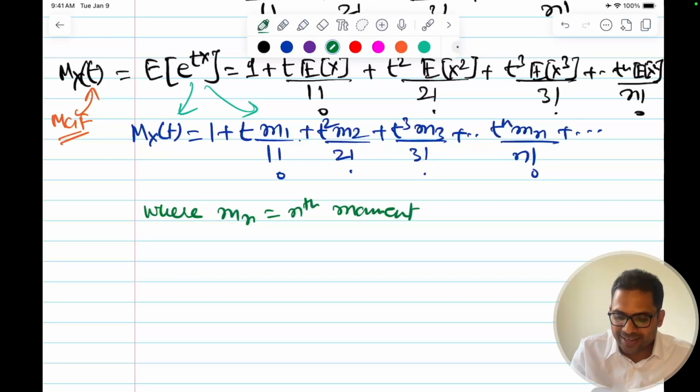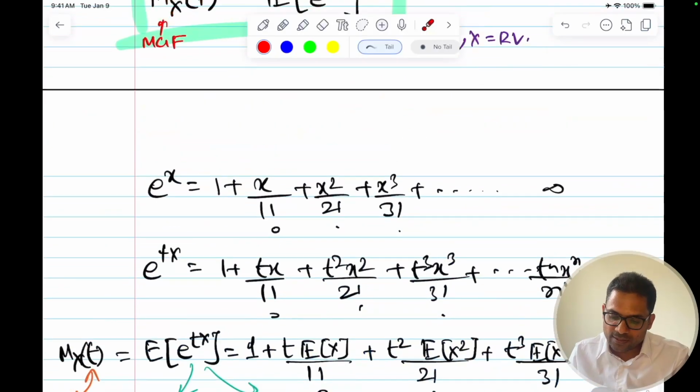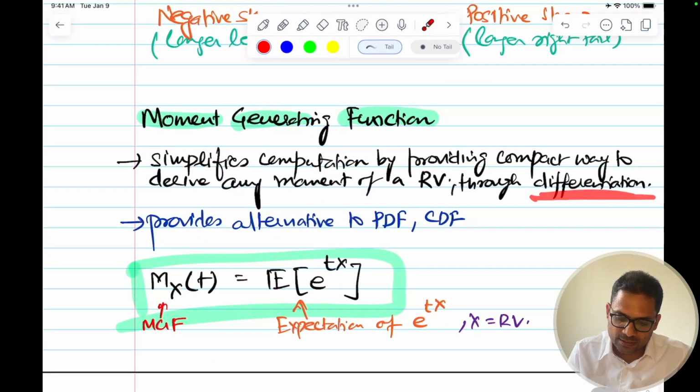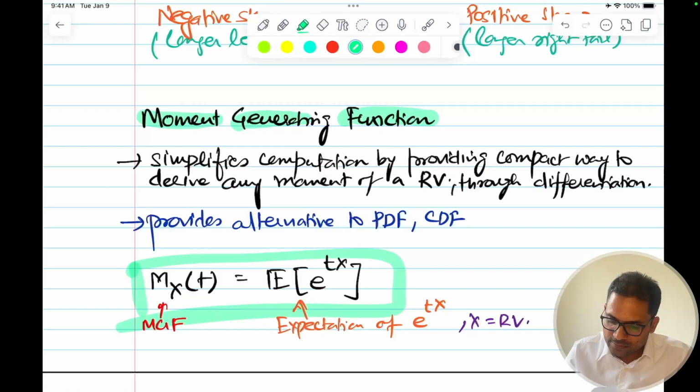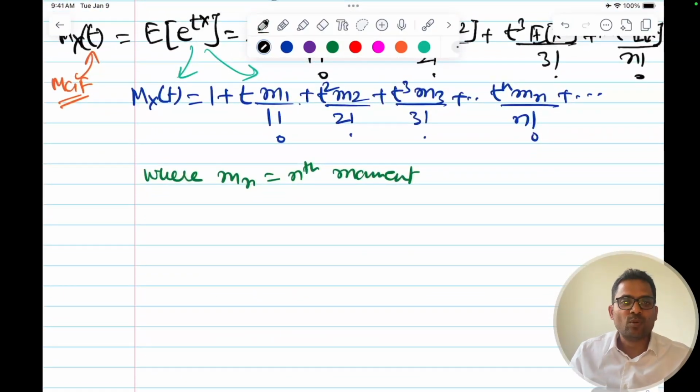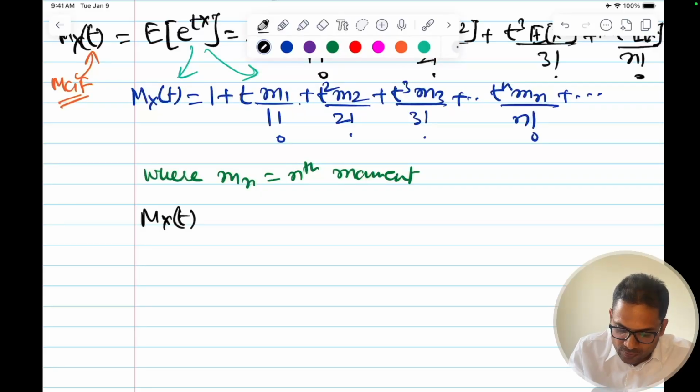And now if you want to find this moment, what was in the definition? Using differentiation. This is important. So we use differentiation, so this is your nth moment. If we differentiate M_X(t) with respect to t, first derivative, this is generally M dash X(t), equal to d by dt of M_X(t).